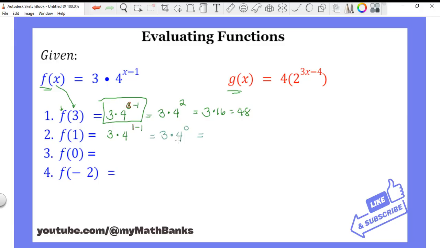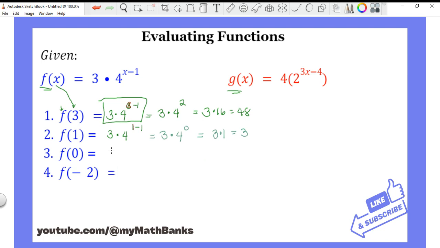Again, do not multiply 3 and 4. You evaluate 4 to the power of 0 first. That's going to be equal to 1, so all of this is just 3 times 1, equal to 3.